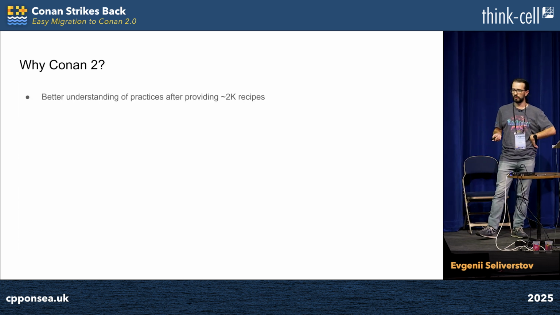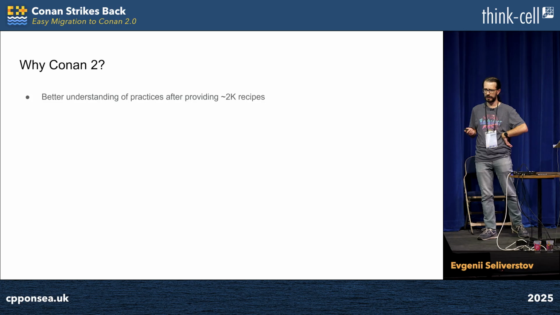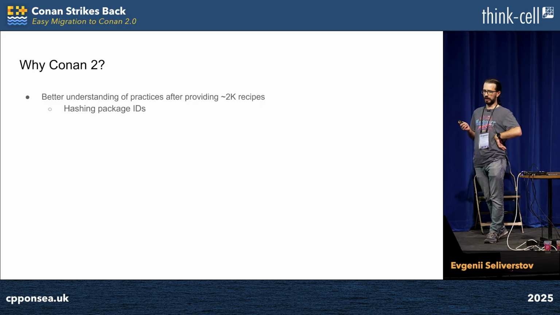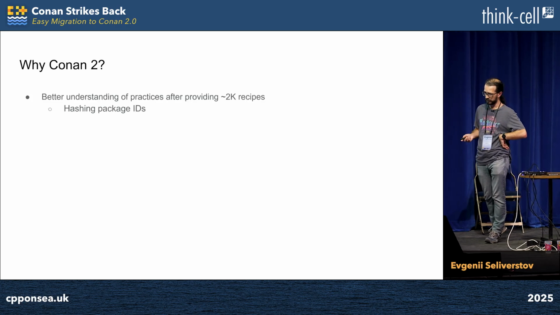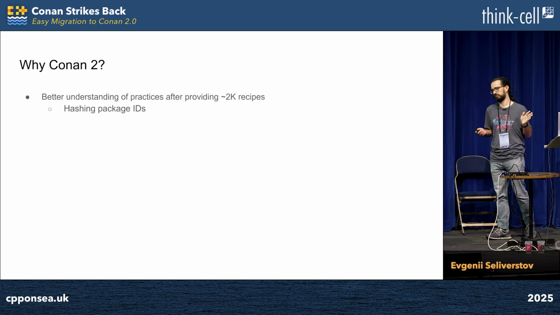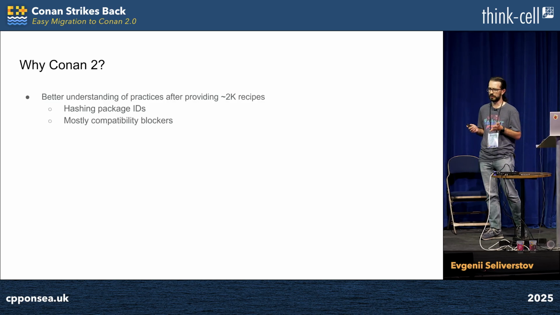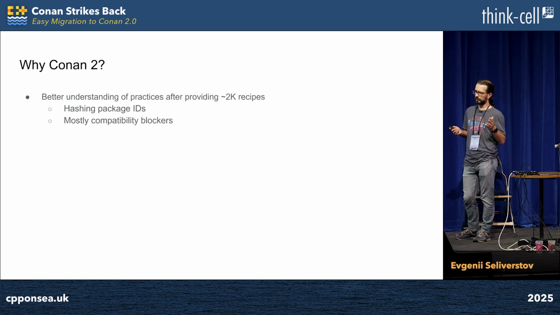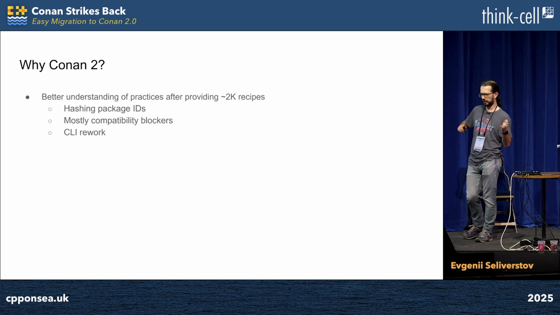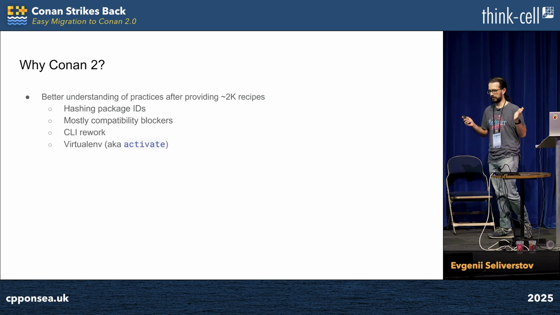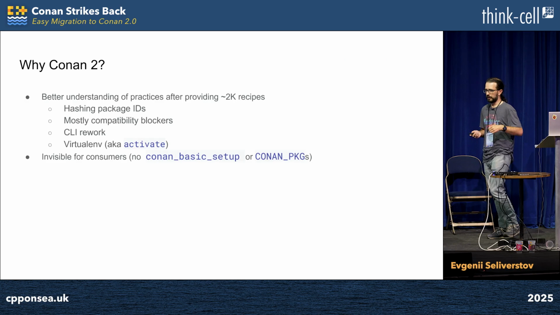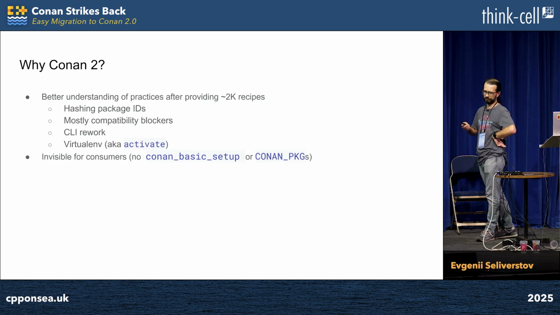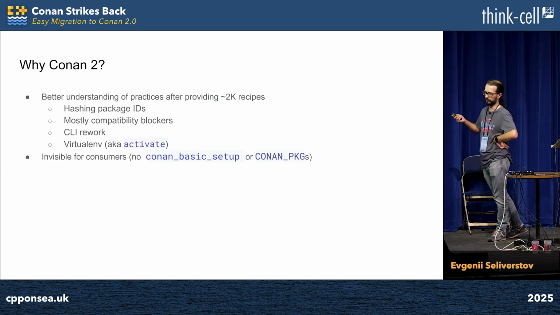To move to Conan 2, we need to understand how to migrate recipes. The change is not that difficult. We need to introduce some improvements for the API which Conan provides to our recipes. We need to revise some CLI, and Conan 2 also provides a nice way to get a shell into your package.